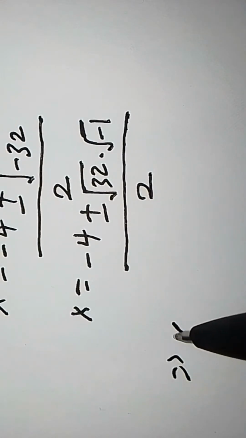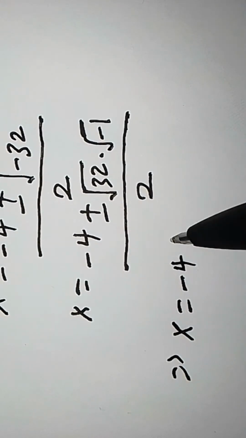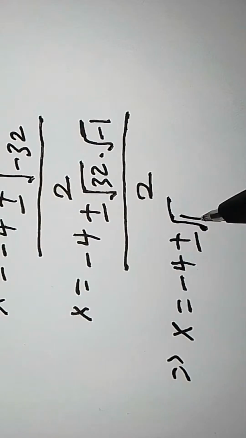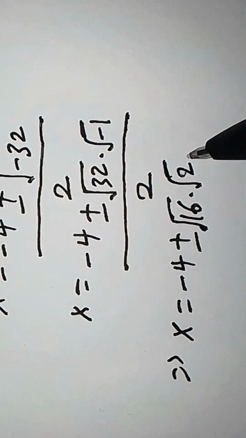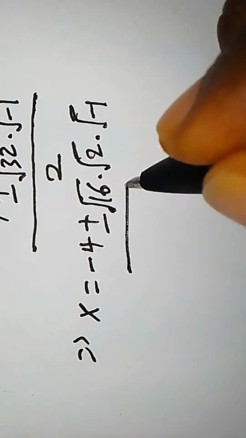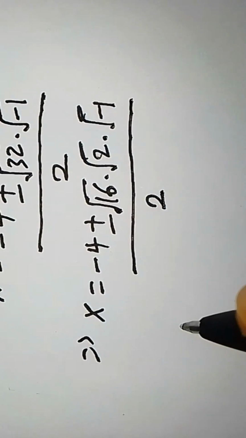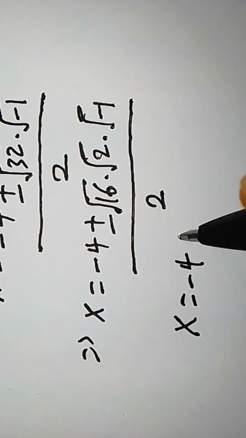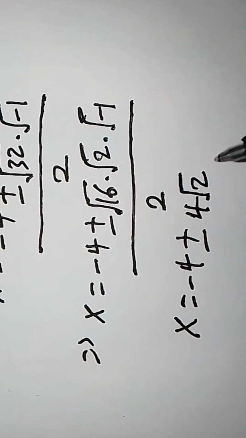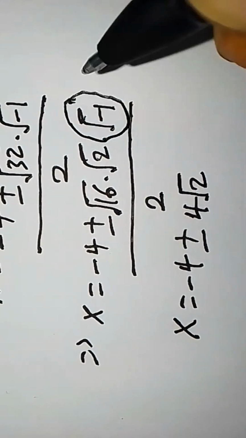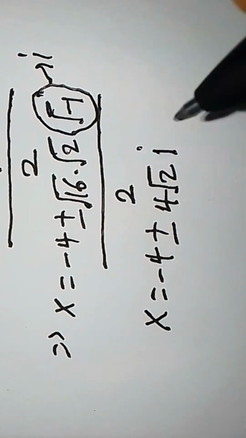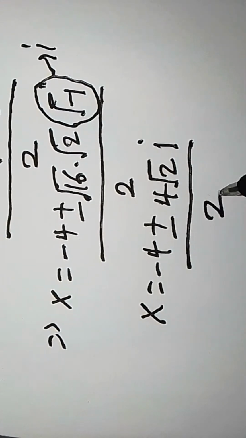This means that x is equal to minus 4 plus or minus, we can rewrite square root of 32 as root 16 times root 2 times root negative 1, divided by 2. x is equal to minus 4 plus or minus square root of 16, that is simply 4, times root 2. Don't forget, square root of negative 1 is i from the complex numbers. So that means we have i here, divided by 2.